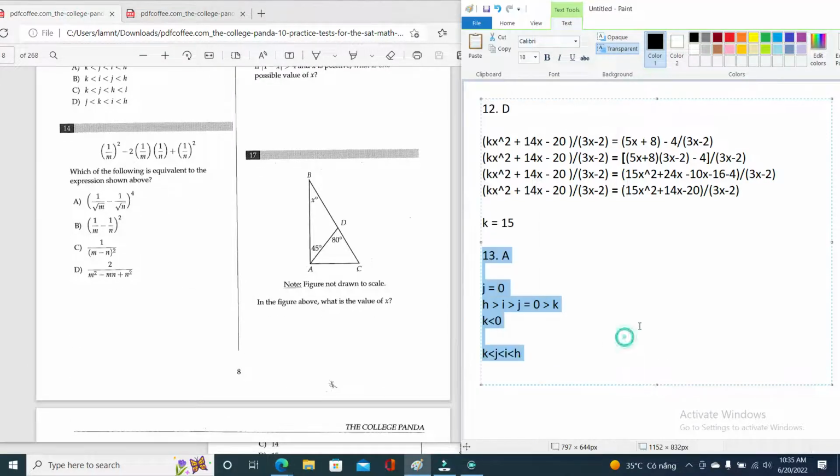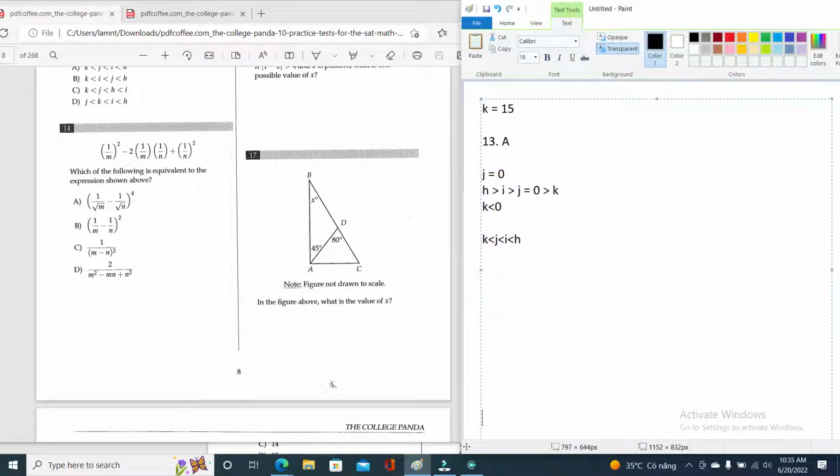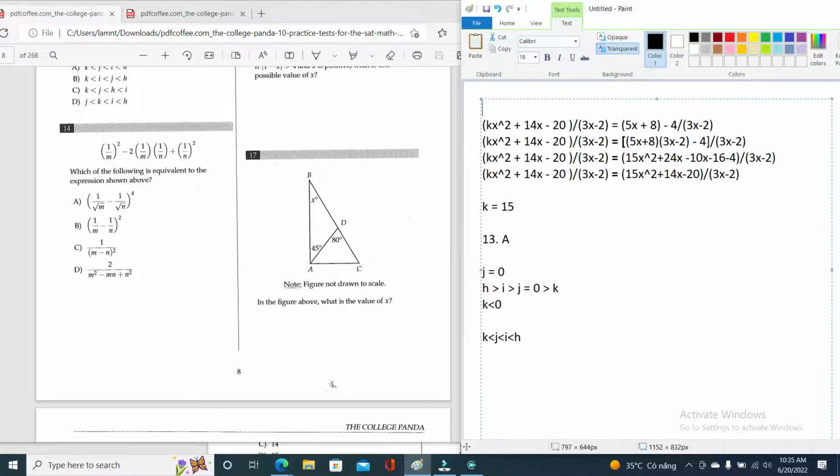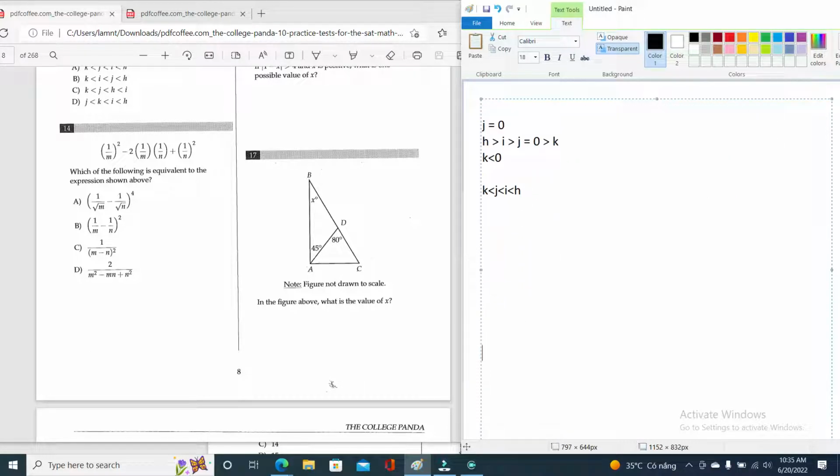Number 14. Okay, number 14 is quite straightforward. We have the identity of a minus b all squared, which is equal to a squared minus 2ab plus b squared. In this case, a is equal to 1 over m, and b is equal to 1 over n.